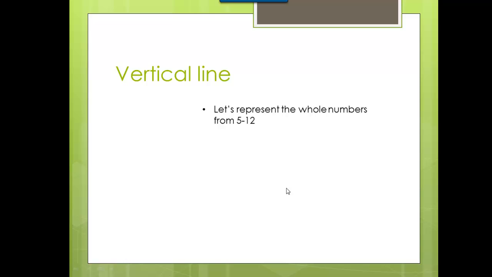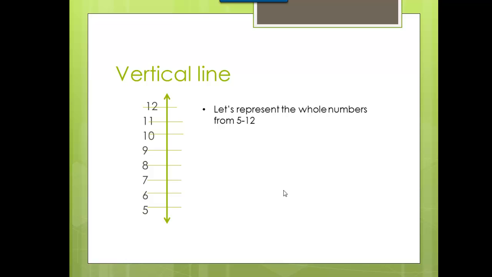Let's look at a vertical line. Let's represent the whole numbers from 5 to 12. First thing we need to do again is draw our number line with our tick marks. Now we're going to label those tick marks with our numbers. Now we're going to mark or represent the whole numbers from 5 to 12.